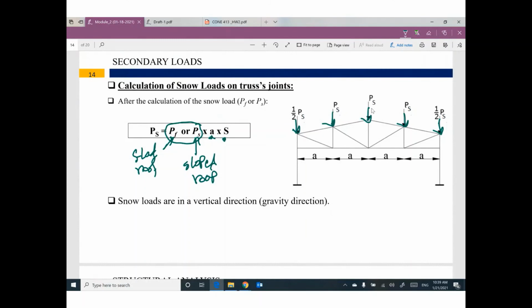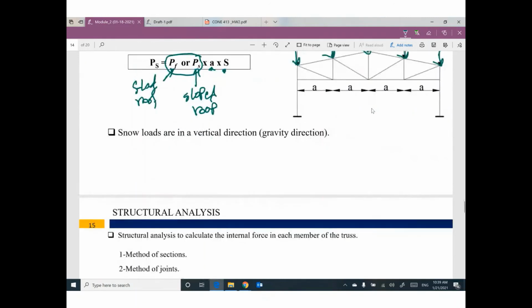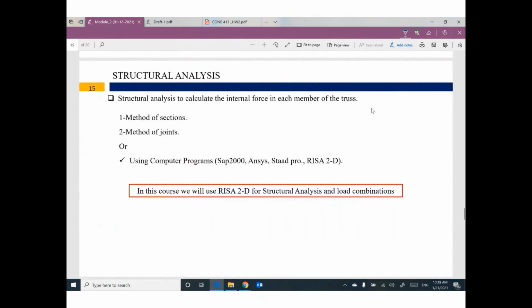So finally, we have a truss under the effect of dead load, wind load, live load, and snow load. We need to analyze this truss using RISA-2D. I will go through this step next week.